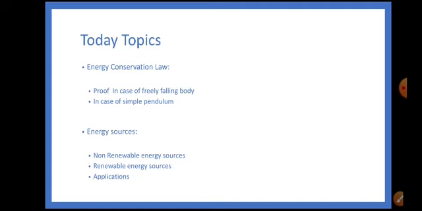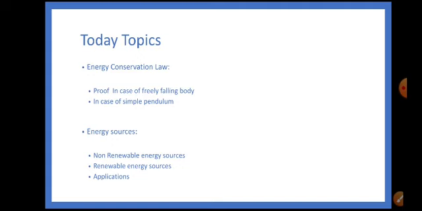We have to prove this energy conservation in case of a freely falling body and in case of a simple pendulum. In our syllabus we have only the freely falling body. Otherwise we can prove it when the body is projected upward, and also when it is coming downward from the maximum height, as a freely falling body.